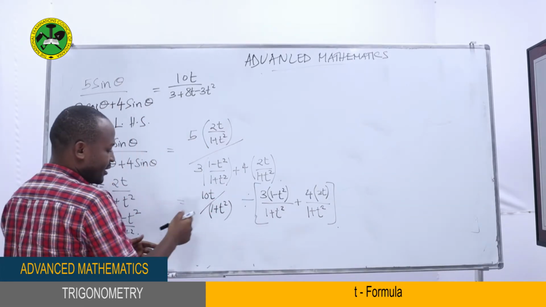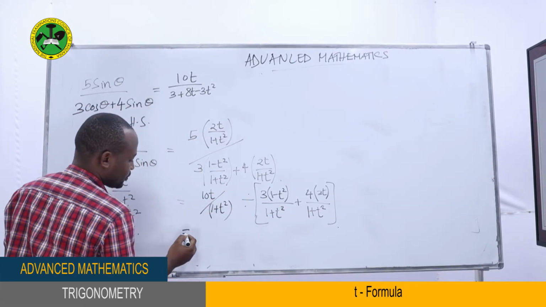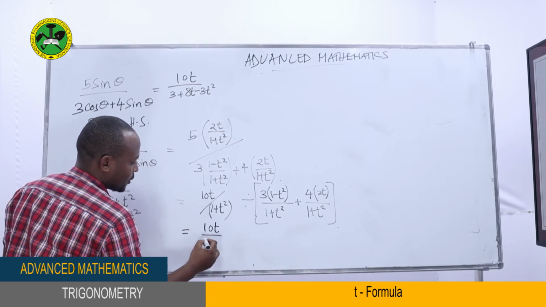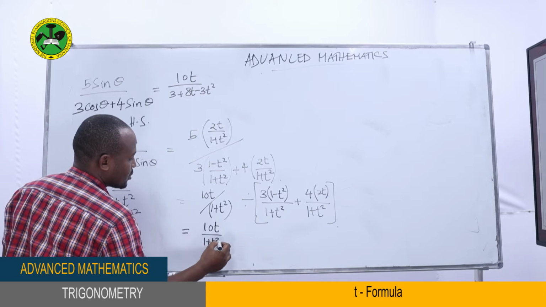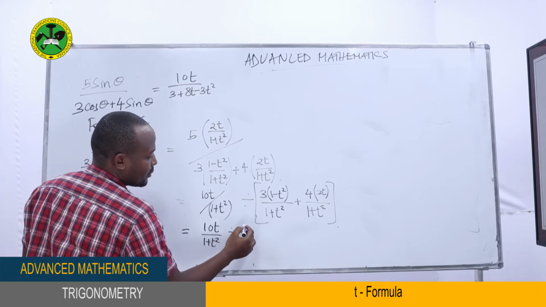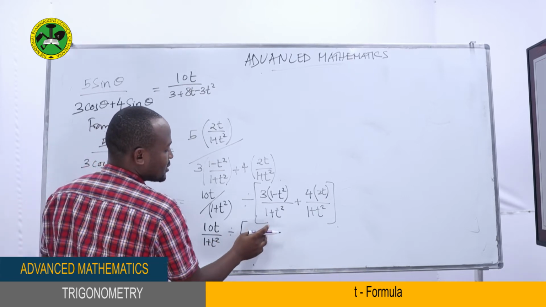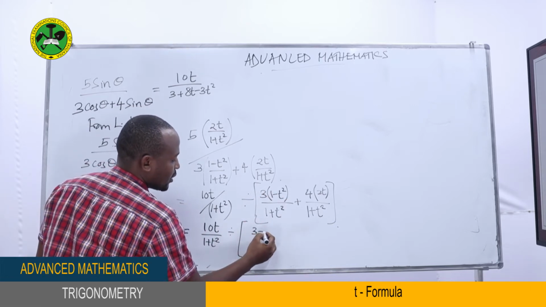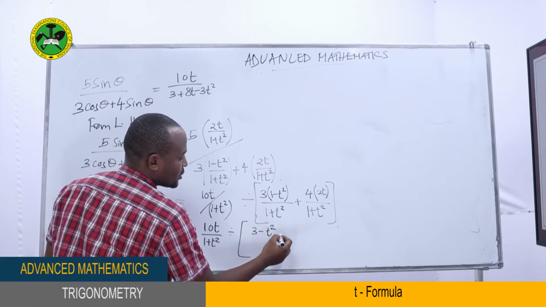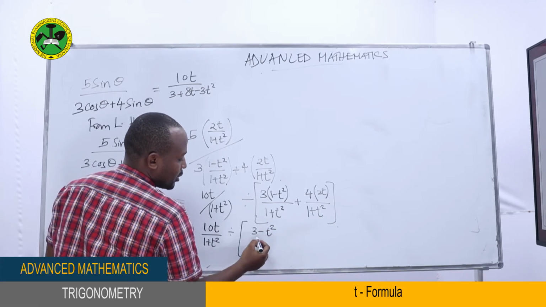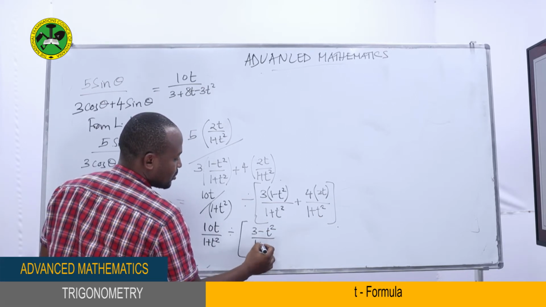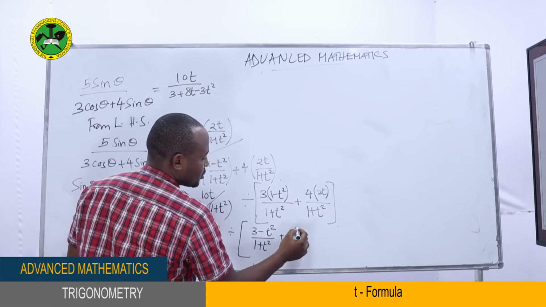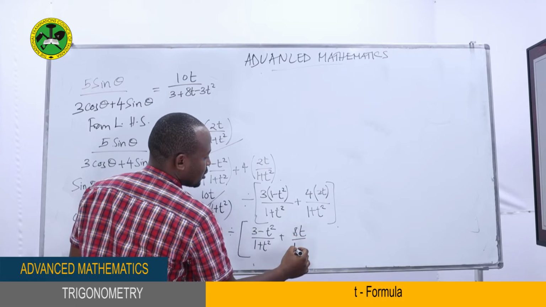So let's simplify that once more, and we are going to have 10t over 1 plus t square divided by, inside the brackets, opening that, 3 minus t square over 1 plus t square, plus this one is equal to 8t over 1 plus t square.